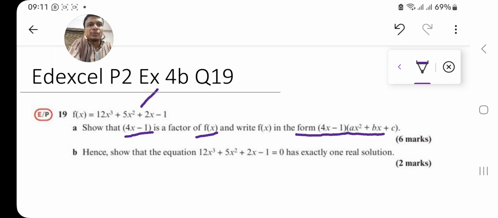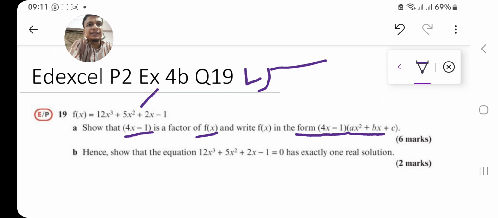Okay, so the first part means show that 4x minus 1 is a factor of the given function. This is the linear equation.